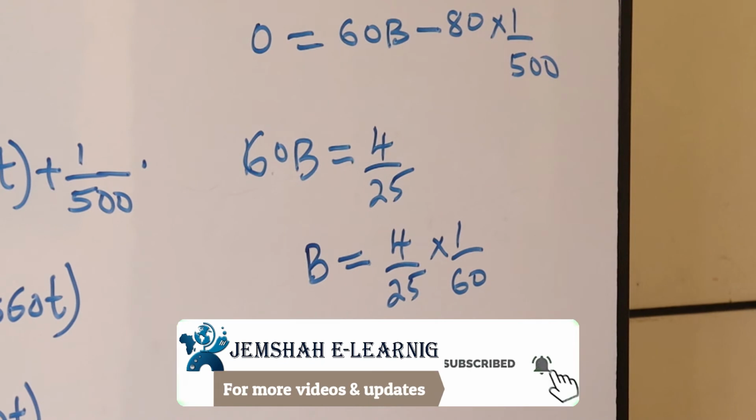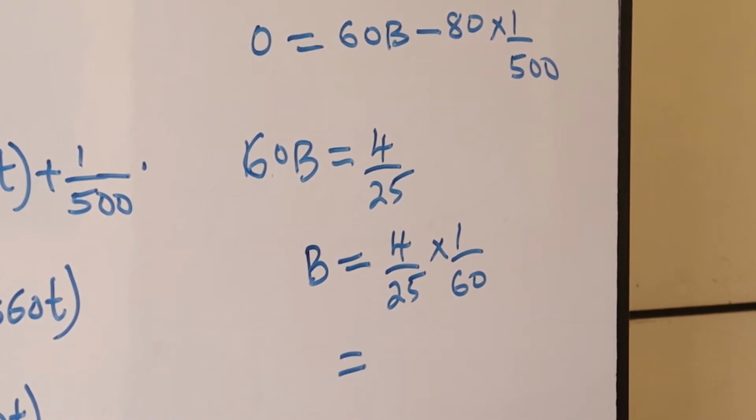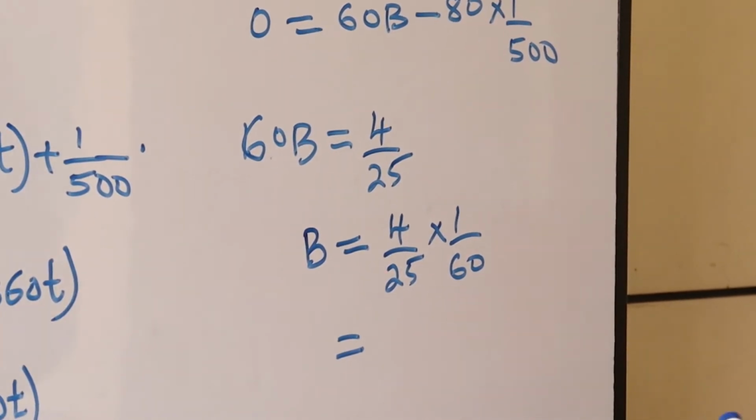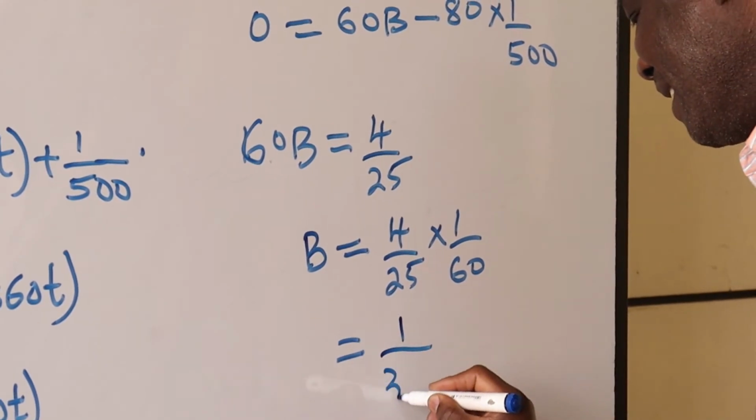So 25 times 15, 375. So this is 1 all over 375.